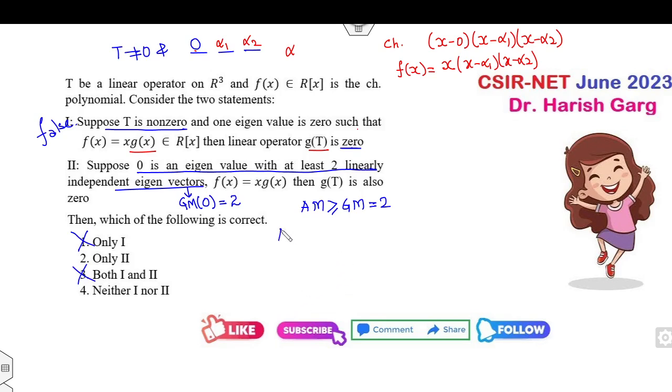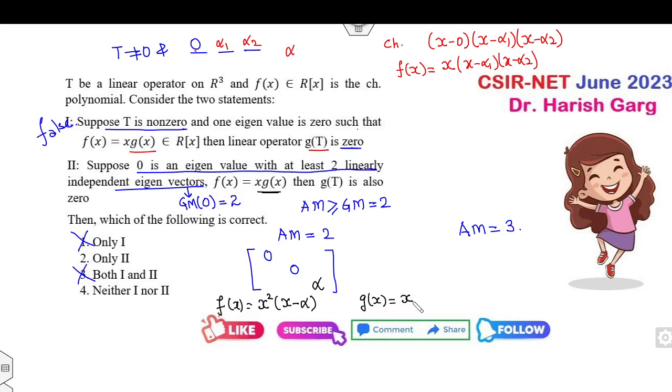Fine. That means algebraic multiplicity is either 2 or 3. If algebraic multiplicity of the eigenvalue 0 is 2, that means there are two 0 eigenvalues and say one eigenvalue is alpha. Is it fine? Then can you find the characteristic equation? It will be x square, x minus alpha. This is my f of x. Now if you compare them, what is my g of x? g of x will be x into x minus alpha.